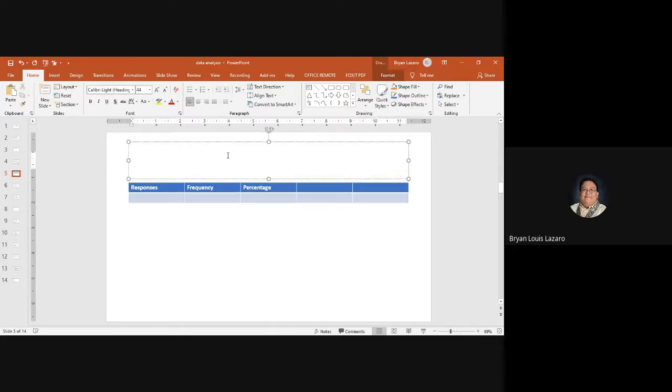Ngayon, ang hahanapin nyo, halimbawa ay, do you often read a book? For example, ito yung question ninyo sa questionnaire. Item number 1, kunwari yan. Do you often read a book?